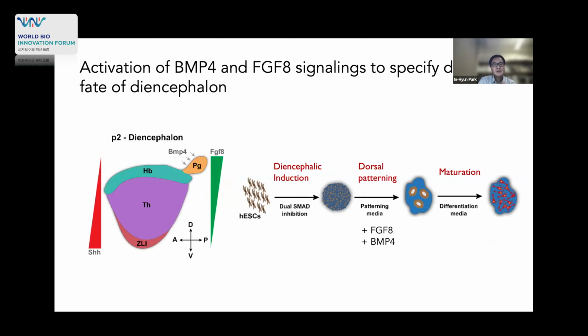As I introduced, sonic hedgehog induces ventralization of the thalamus, but BMP4 and FGF8 are known to induce dorsalization. So again, very simply, during the patterning step of thalamic organoid development, we added FGF8 and BMP4.